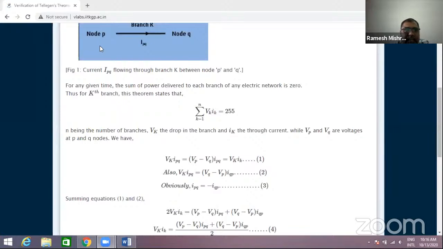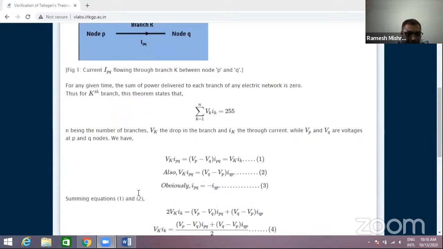If the current direction is different, then you write Vq minus Vp into Iqp. This means the Ipq direction is opposite to Iqp, so we can write Ipq is equal to minus Iqp.